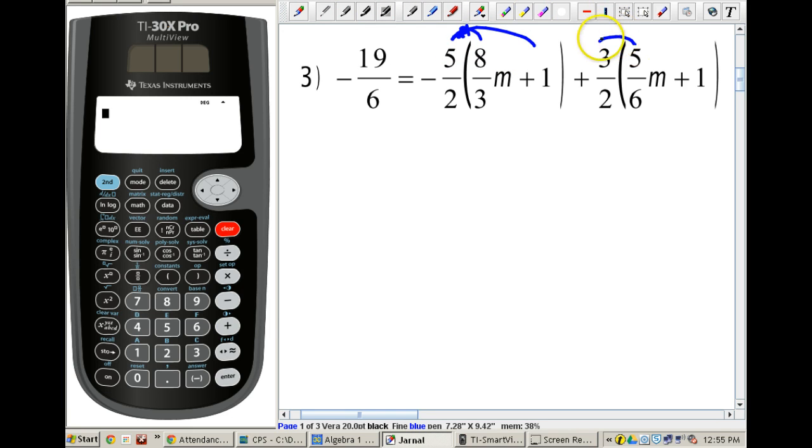Well, we got two sets of distributive property. I'm just going to bring down the left-hand side. Actually, I always like to move the negatives to the numerator. There we go. All right, so let's multiply these.